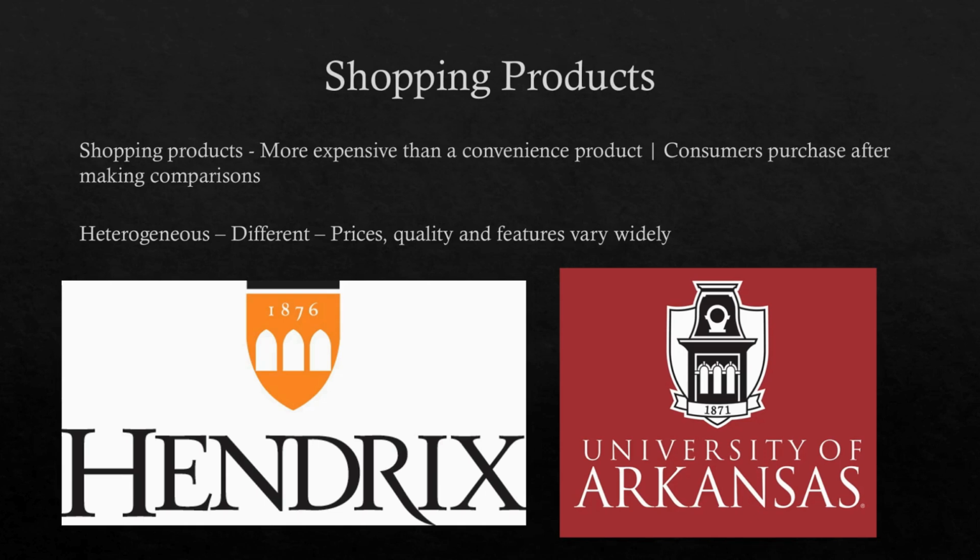When we select clothing and vehicles, it's often difficult to compare different products because products within the same category can vary so differently depending on the price, the quality, and the features. With heterogeneous shopping products, we oftentimes say you're finding the best product for yourself. This may not be the best product for someone else, but it's the best product for me.